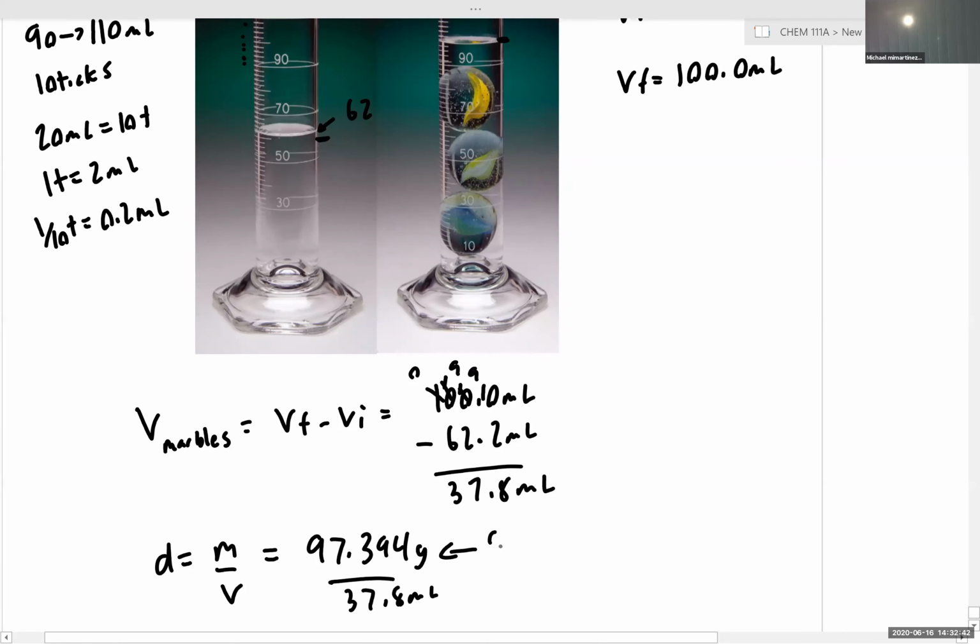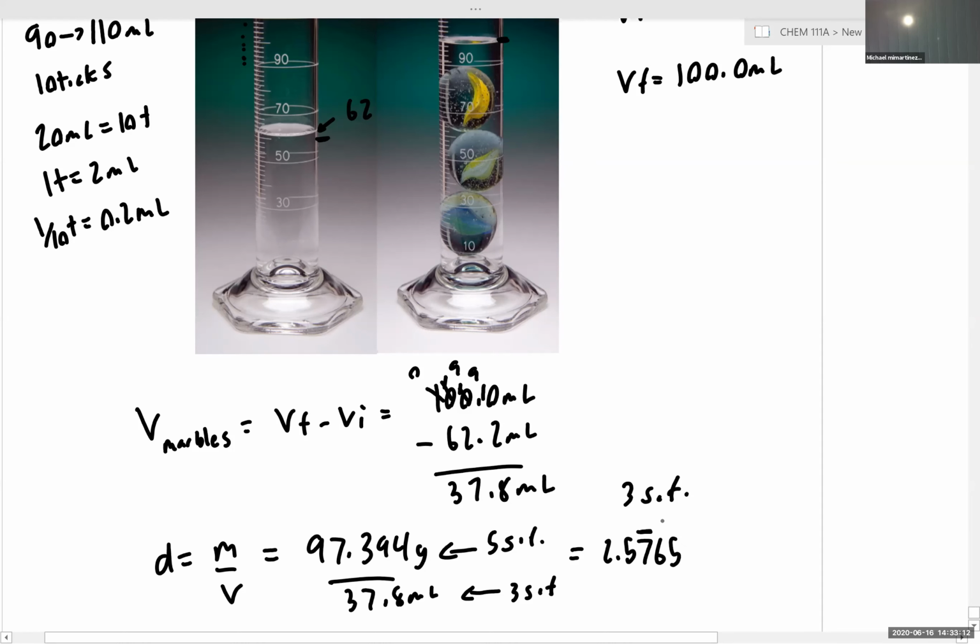The mass has 5 sig figs. Our volume has 3 sig figs. So our answer needs to have 3 sig figs. So let's punch this into our calculator. 97.394 over 37.8 gives us 2.5765.